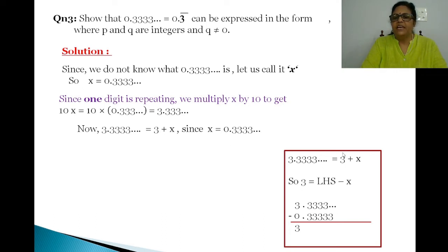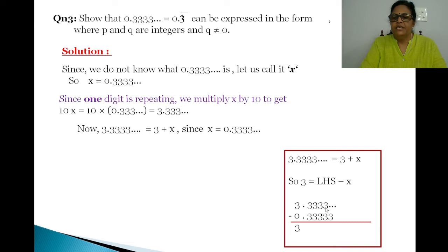So 3 is the left hand side minus x. Left hand side is 3.333 etc. minus x. What is x? 0.333 etc. Now decimal points should be in the same column. Now the whole number part we can subtract first. 3 minus 0 is equal to 3, and after that the decimal part.